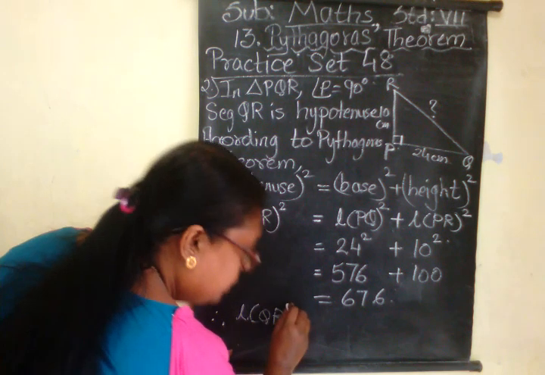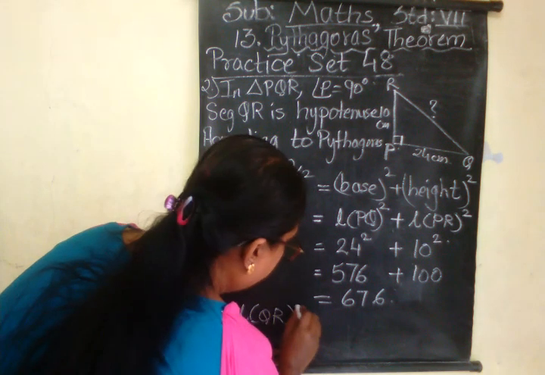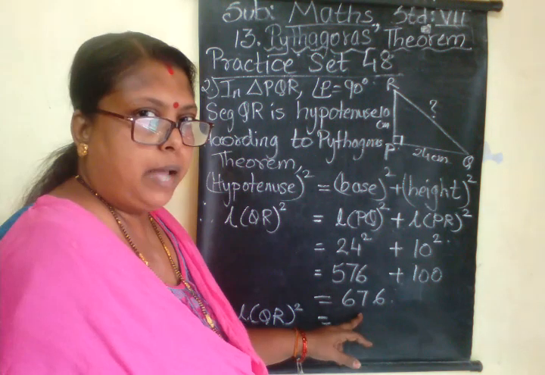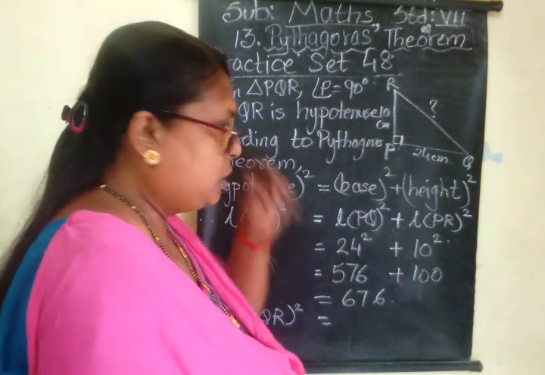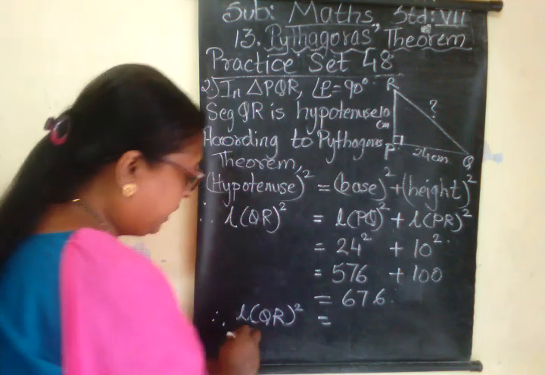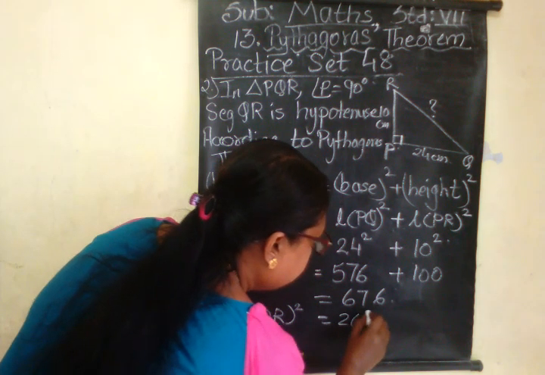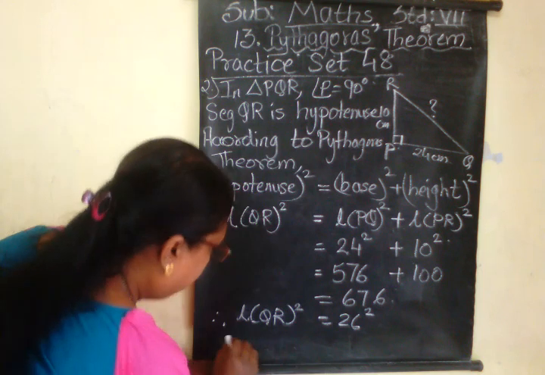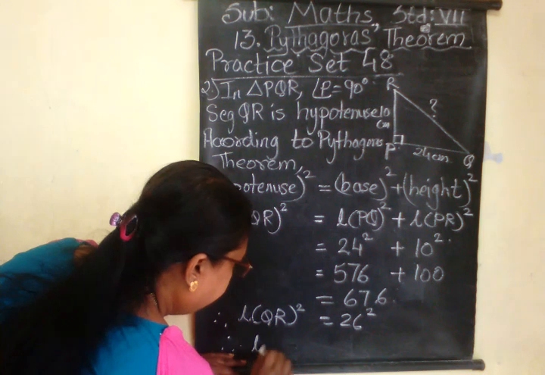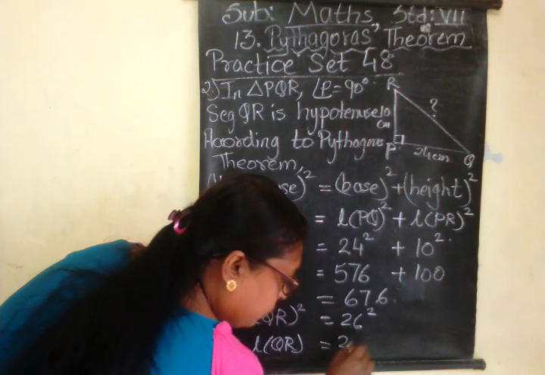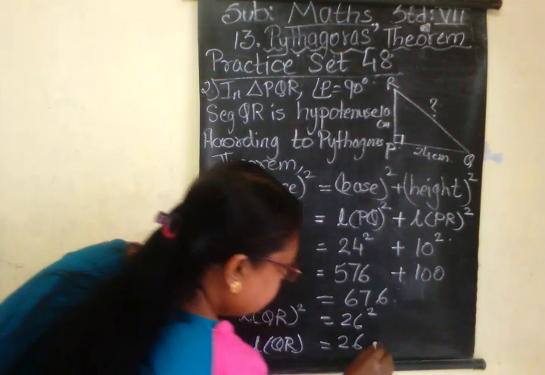So QR square is equal to 676, which is the square of 26. So I can write length QR square is equal to 26 square, or I can write length QR is equal to 26 centimeter.